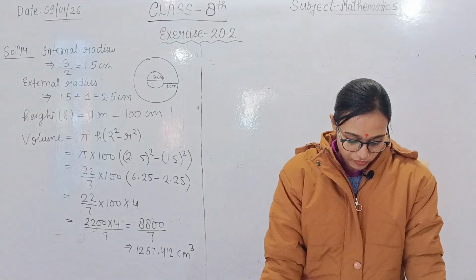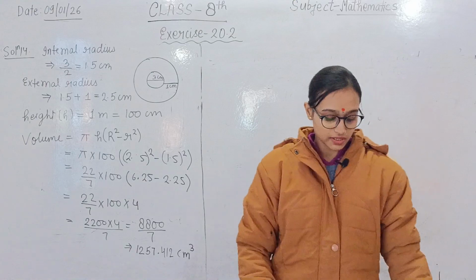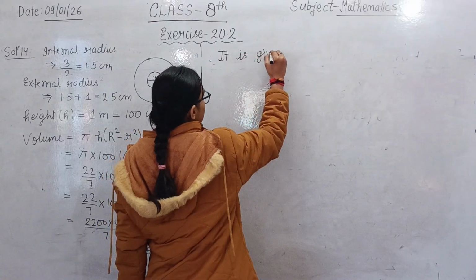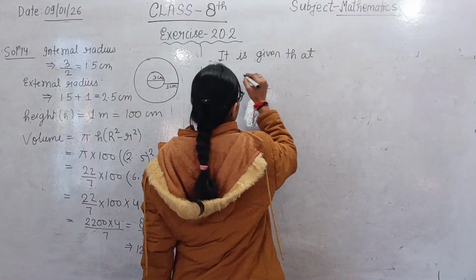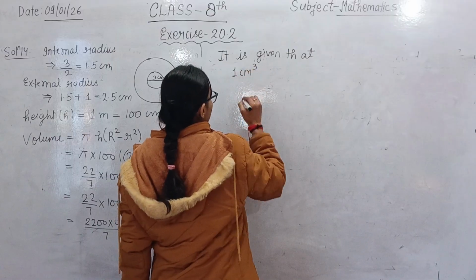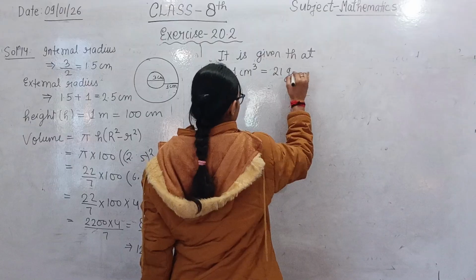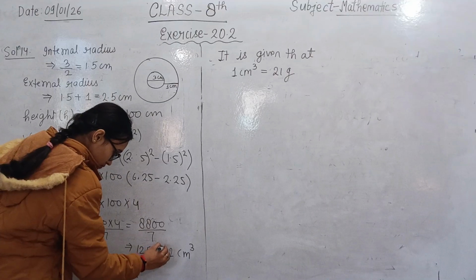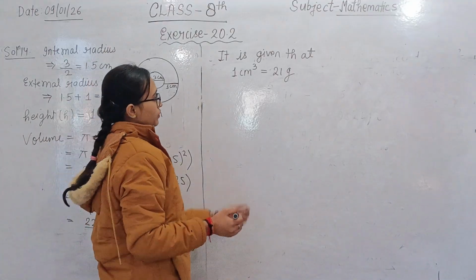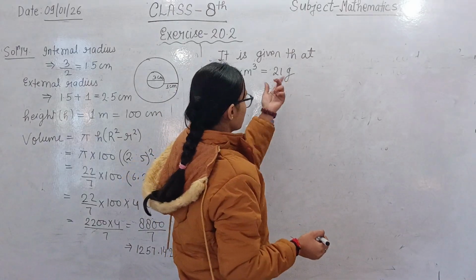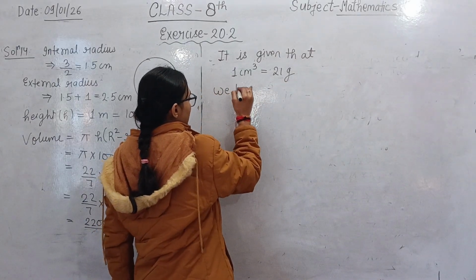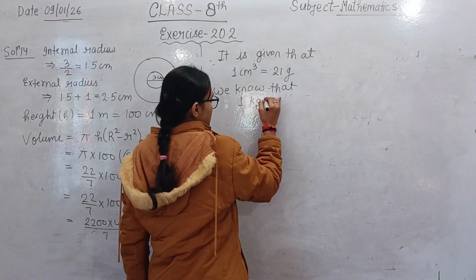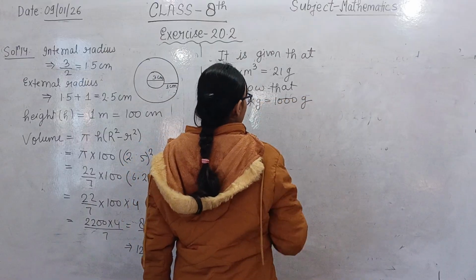In the question it is given that 1 cubic centimeter of cast iron weighs 21 gram. So 1 centimeter cube weight is given as 21 gram, and we know that 1 kg is equal to 1000 gram.